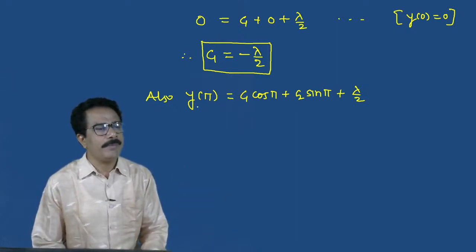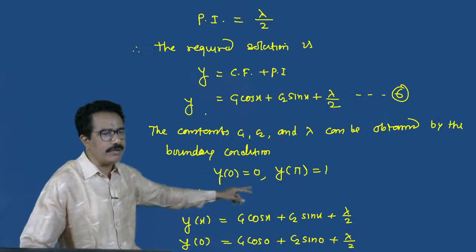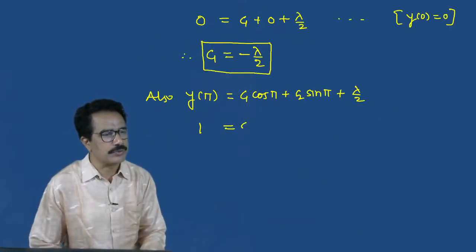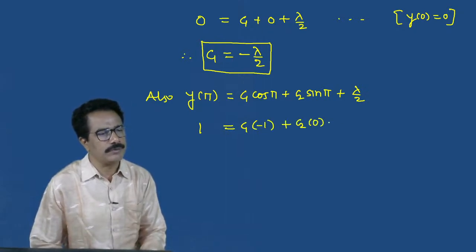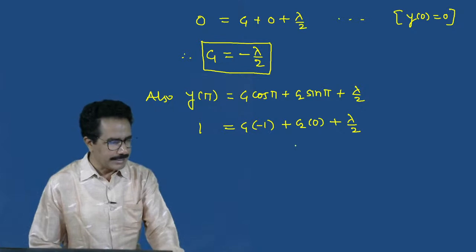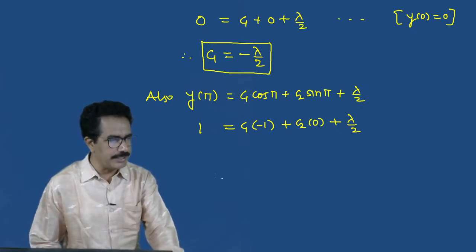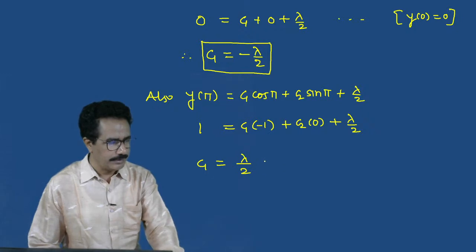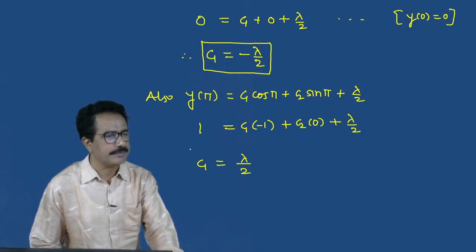So y of pi is already given, y of pi is 1, which is equals to c1 into minus 1 plus c2 into 0 plus lambda by 2. Is it okay? Therefore we can write c1 is equals to lambda by 2.